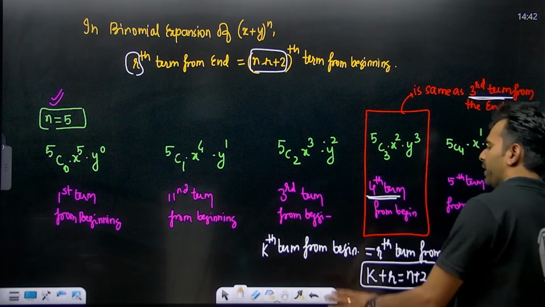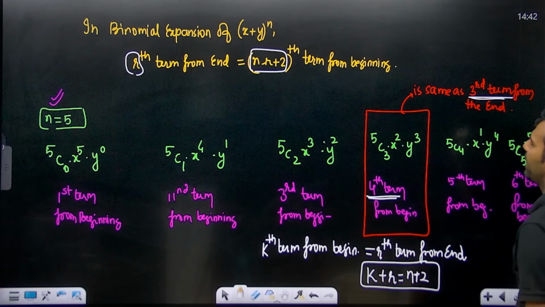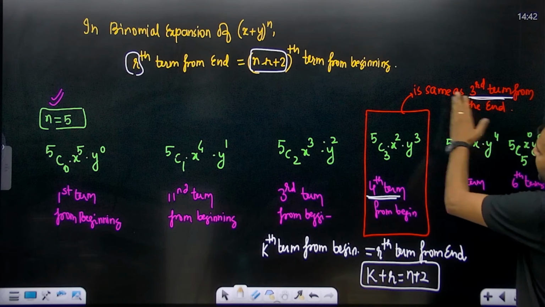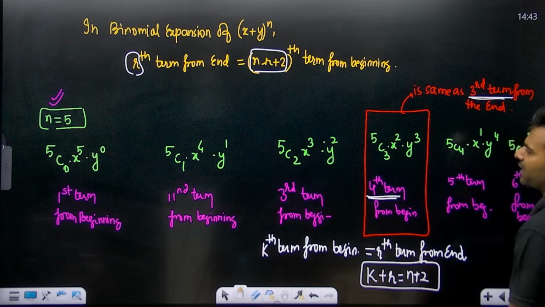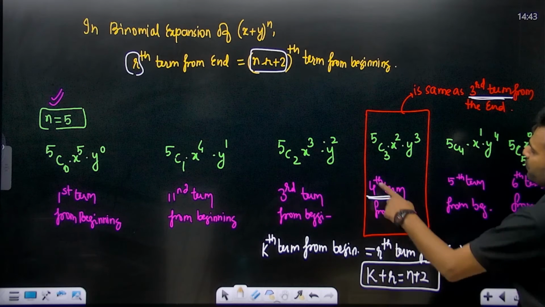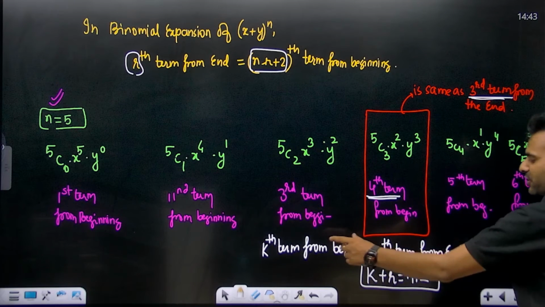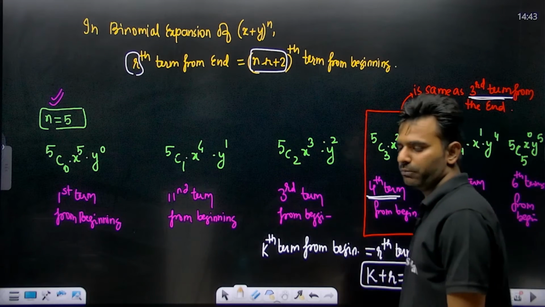Yes or no? Over here I am saying that kth term from the beginning, that is fourth term from the beginning, is same as rth term from the end, that is third term from the end. So the summation of k plus r is what? N plus 2, that is 2 more than the value of n, that is 4 plus 3 is equal to 7. Yes or no? So must remember this. Kth term from the beginning, if equal to rth term from the end, then the value of k plus r is going to be nothing but n plus 2.